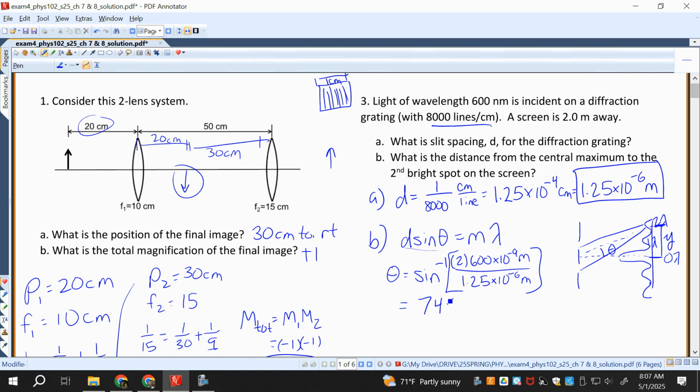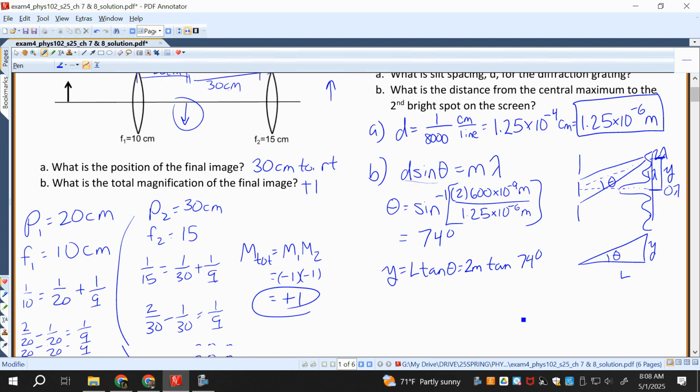And then I want to know that distance. Well, if I draw this triangle, this is y, this is L, this is theta, then I know that y is equal to L tan theta. That is y, the screen is 2 meters away, tan of 74 degrees.